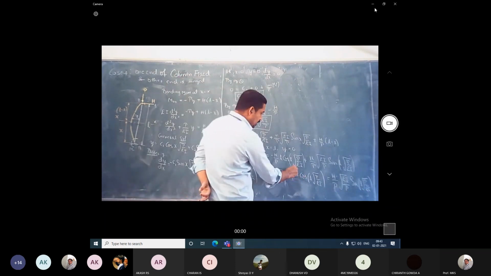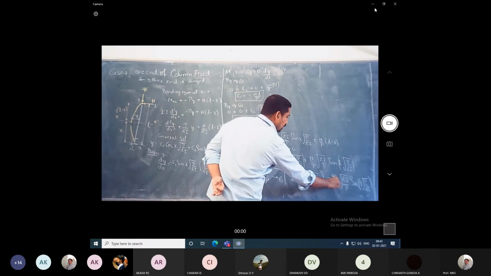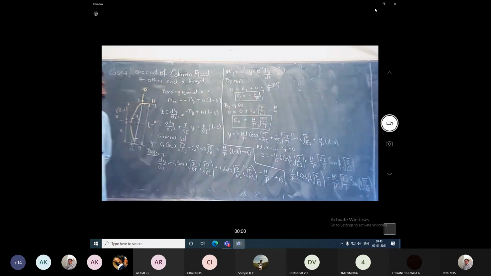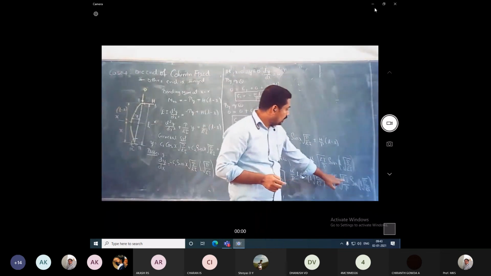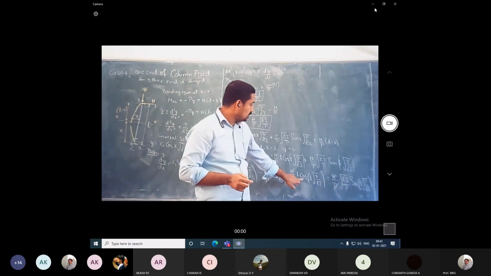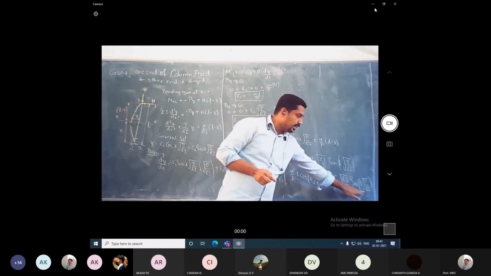Here just cancel the common terms. h by p is common in that equation, so I just cancel. Then you'll be left with the constants, that is L and root EI by p, and these are similar terms, cos theta and sin theta.